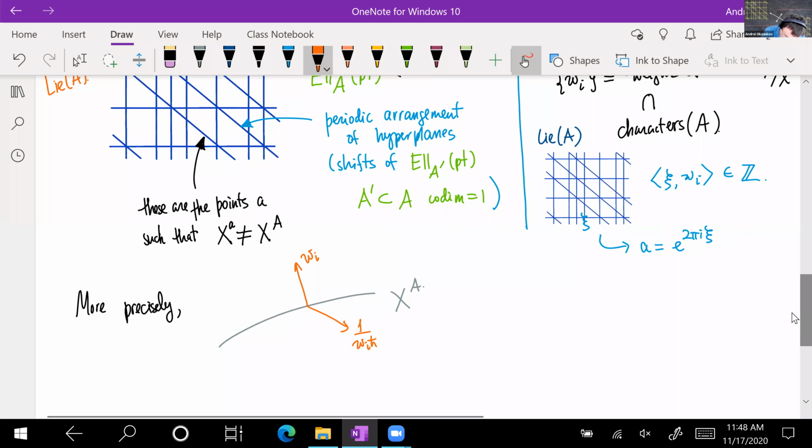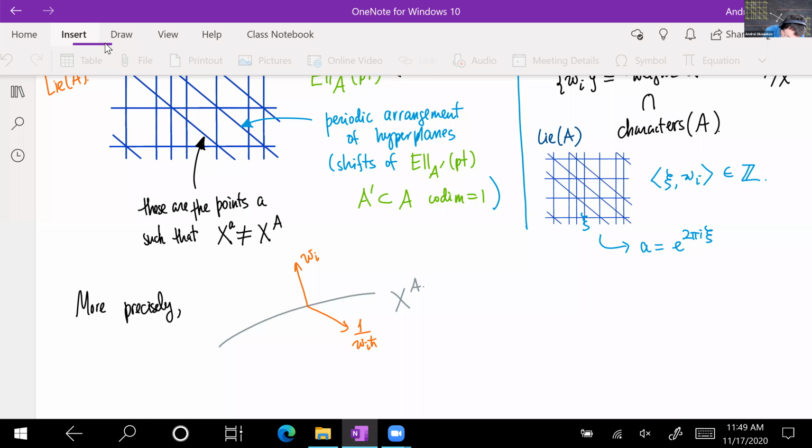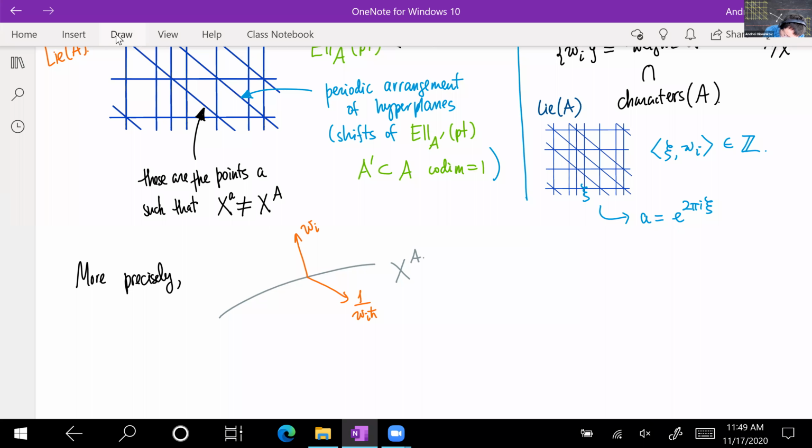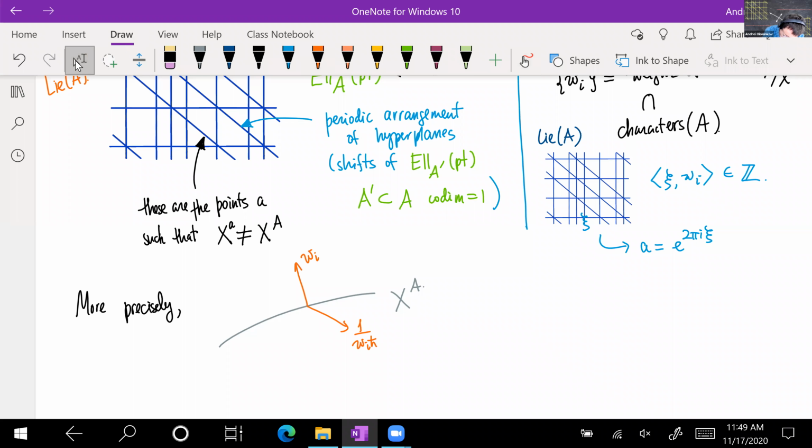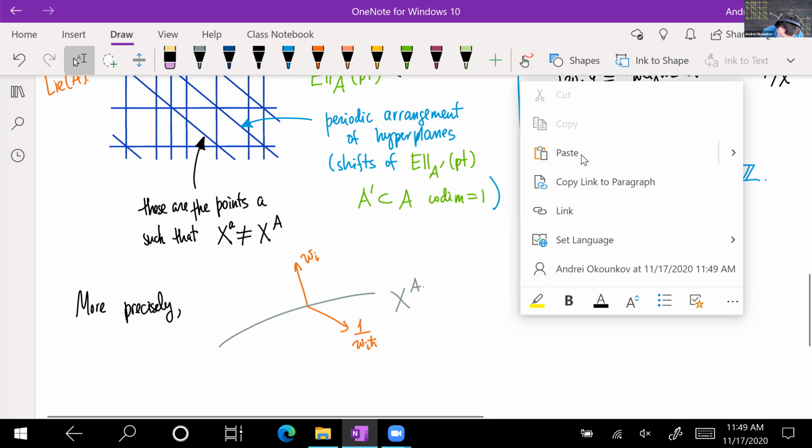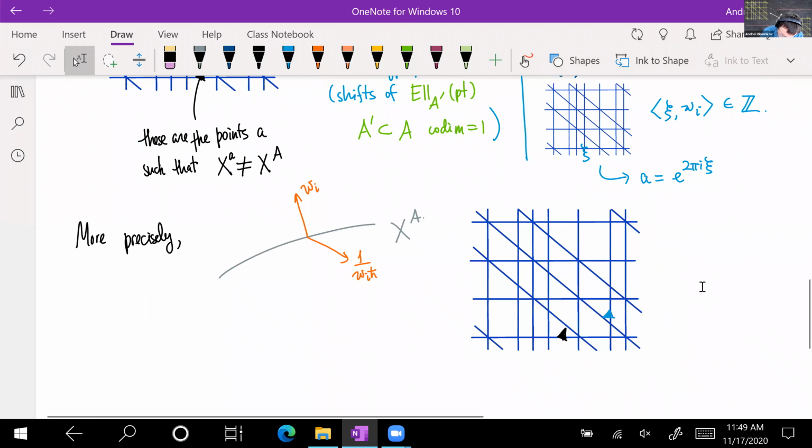So this means, let me color this weight blue.